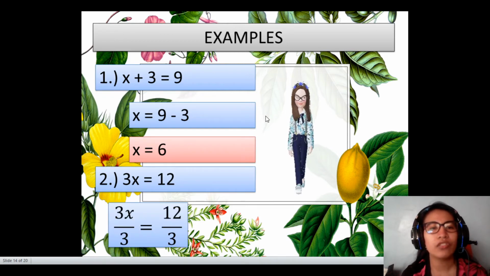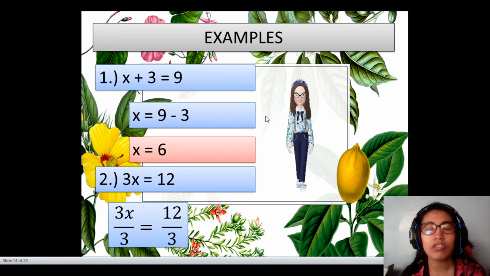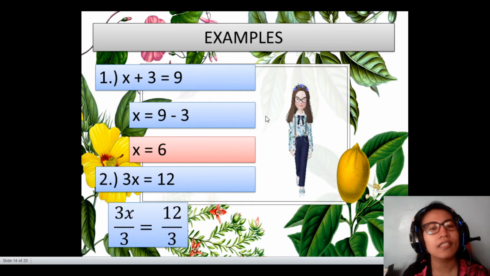So I have 3x over 3 equals 12 over 3. Therefore, I can cancel now the 3 over 3 because it just gave me 1. So the remaining will be just x or 1x. Then I have 12 divided by 3, which gives me 4. So x is equal to 4.